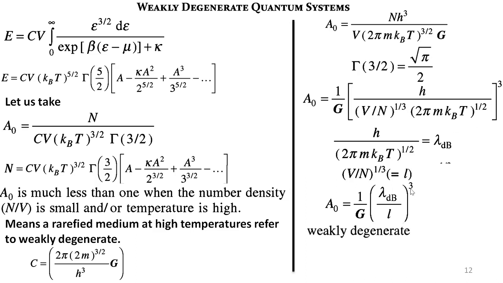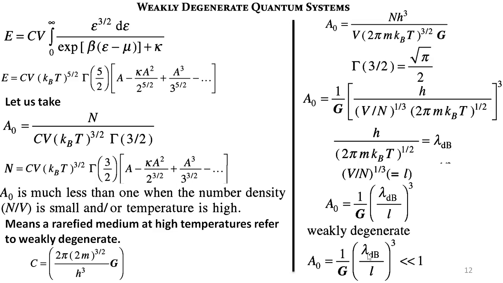Fine. Now from here, let us try to talk about the definition of what is a weakly degenerate system in terms of A naught. So basically, we will say a system is weakly degenerate if A naught for that system is very, very less in comparison to 1.